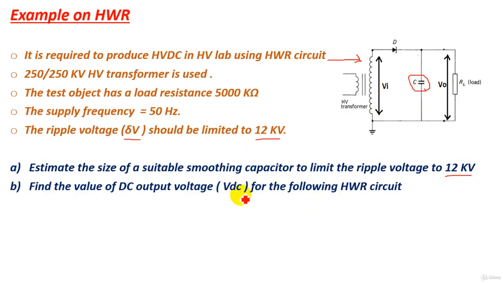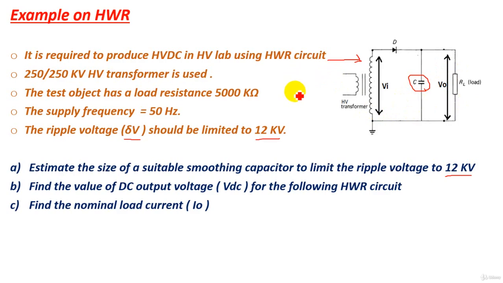We want to find this DC voltage of the half-wave rectifier circuit to know how this circuit can produce high voltage DC. Find the nominal load current, which is the current that flows in the insulator. We can predict that this current will be very, very small in range of milliampere because perfect insulator almost has no current passing through it.